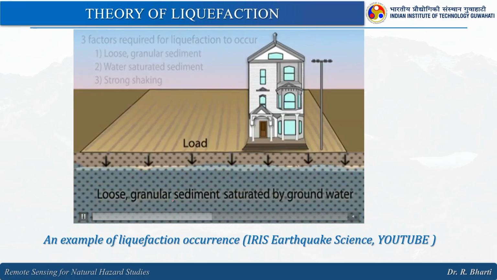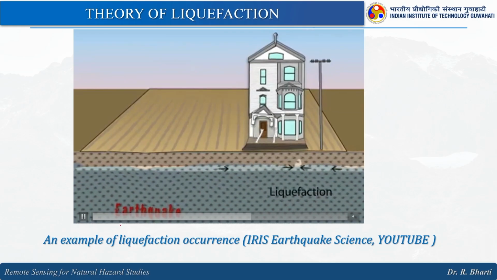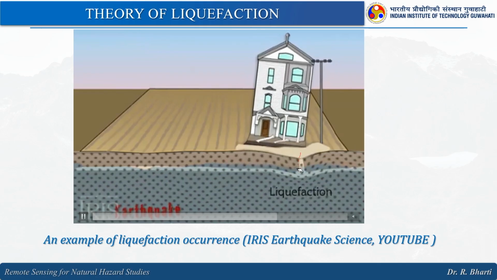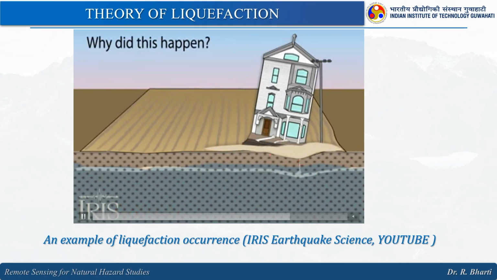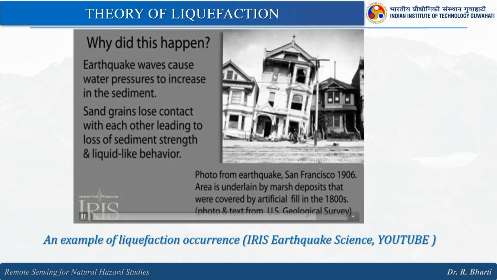Now, loose granular sediment saturated by groundwater. So, groundwater has reached this, then you have an earthquake event, and because of that you are having the failure of this soil. So, what happened?